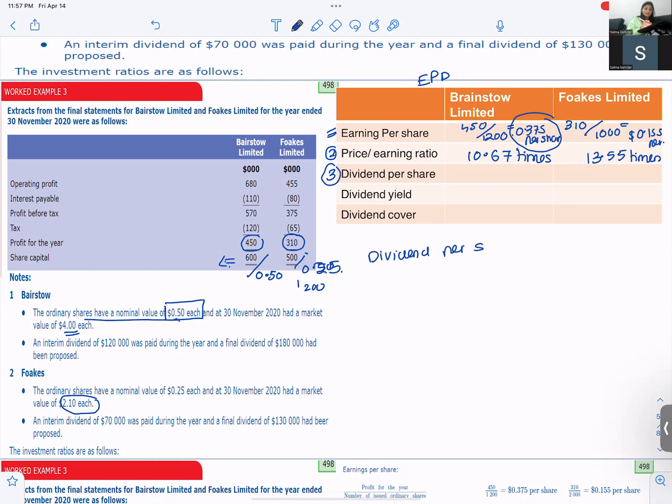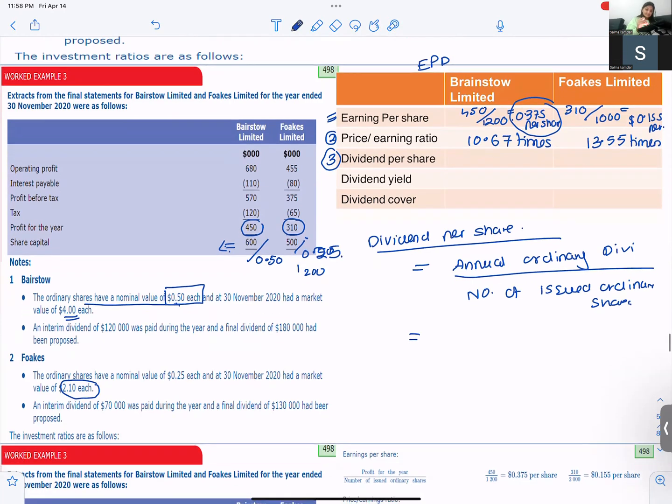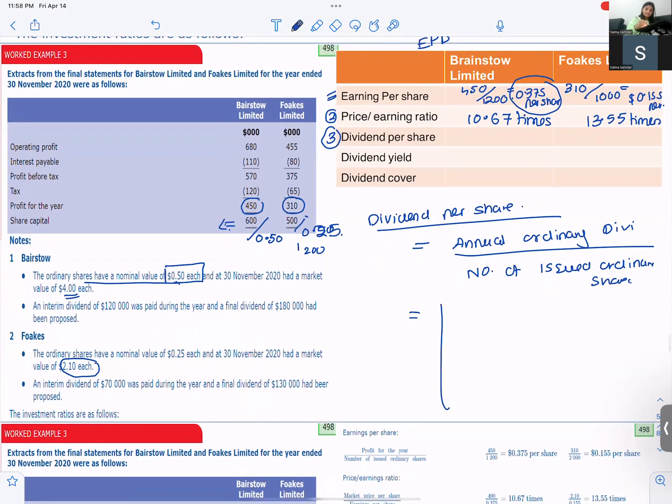The formula for dividend per share is annual ordinary dividend divided by the number of issued ordinary shares. The annual ordinary dividend is interim dividend plus final dividend.